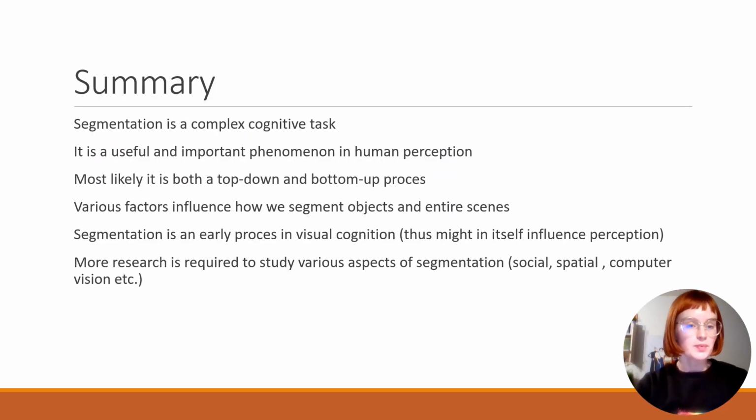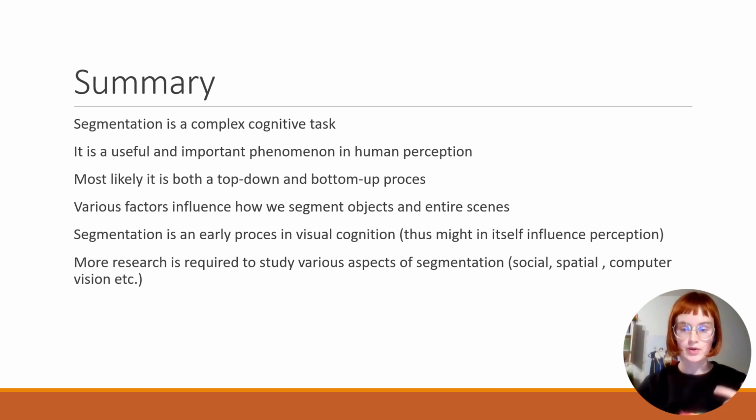And now, to give you a summary of this short presentation, I would like to underline once again that segmentation is a complex cognitive task involving different factors and different categories. It is a useful and important phenomenon in human perception. Most likely, it is both a top-down and bottom-up process.